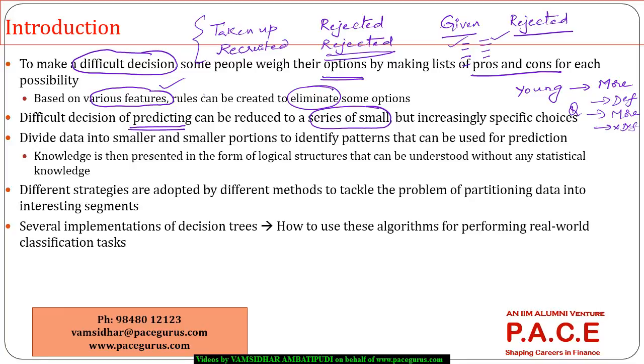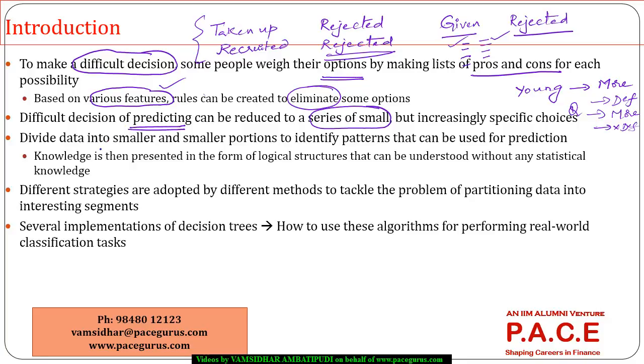But within that small set of choices, all of them are very, very specific. So I am eliminating some features, I am retaining some features, and based on them, finally, I have to make my choice. Though the number of options available to me are narrowed down by this process, within those options, which one do I need to select?